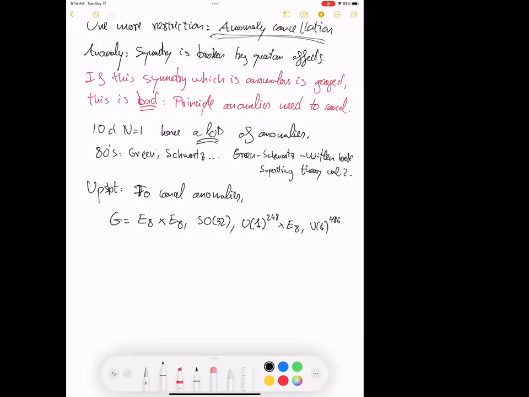E8 is the biggest exceptional Lie group. This is like SU2 or SU5, but more complicated. SO32 is just a rotation group in 32 dimensions. U1 is just the group U1. And so the point is that only these 4 possibilities cancel anomalies in 10 dimensions. So just from field theory analysis, we know that the gauge group in 10 dimensions of gravity is completely fixed to be one of these 4. Any questions so far?